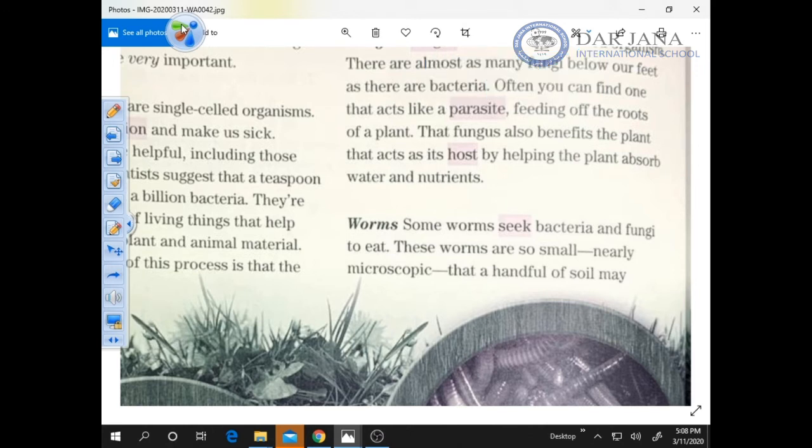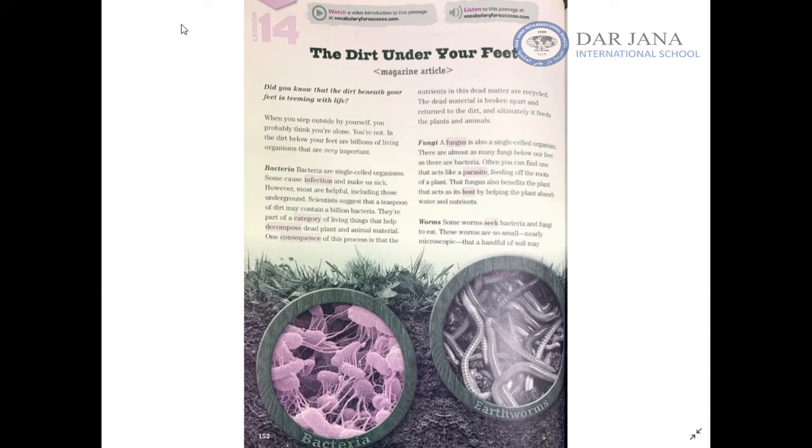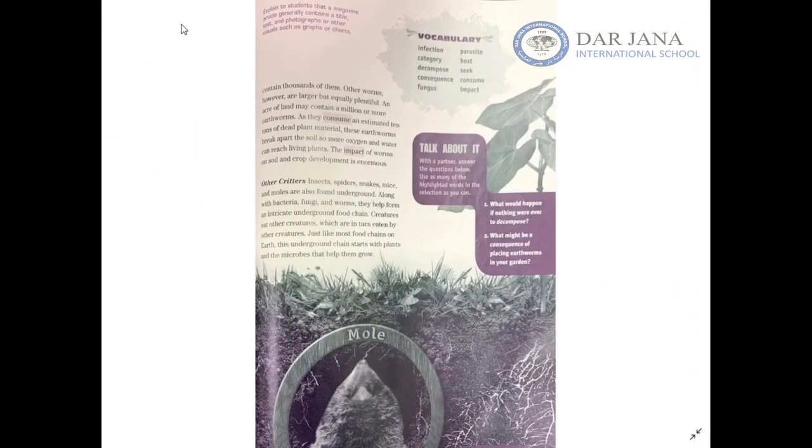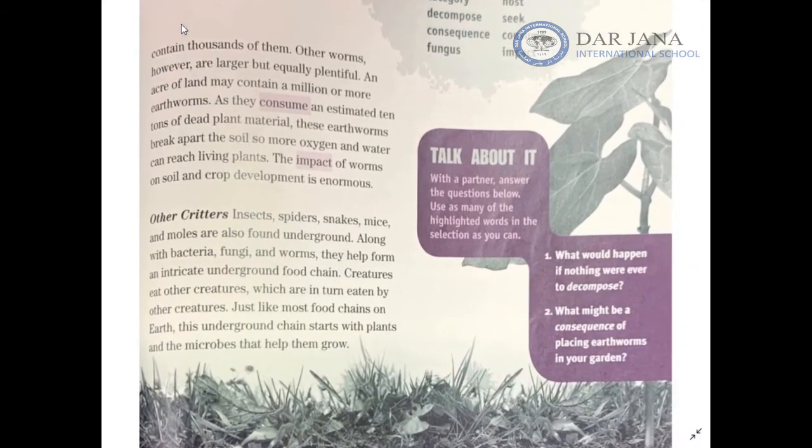These worms are so small and nearly microscopic that a handful of soil may contain thousands of them. Other worms, however, are larger but equally plenty. An acre of land may contain 1,000,000 or more earthworms as they consume. This is another word that we should look at.